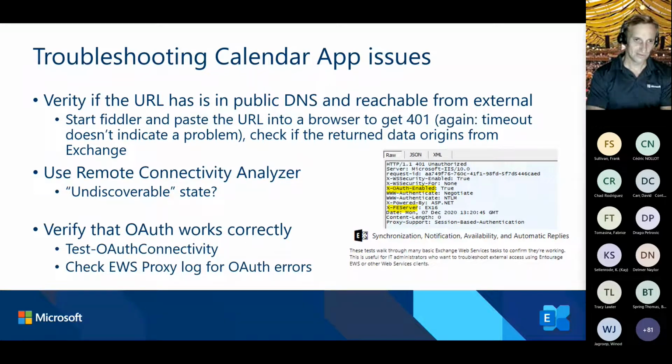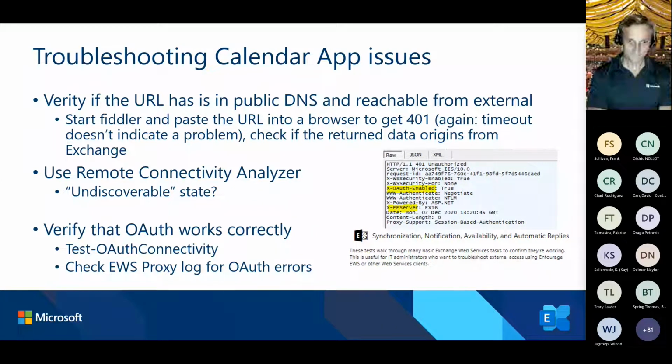Undiscoverable in Teams backend also means that something with the OAuth authentication could have gone wrong. It doesn't necessarily indicate an Autodiscover issue. So to verify that OAuth works correctly, you can use the test OAuth connectivity commandlets, which are provided by Exchange Online or Exchange On-Premises PowerShell.